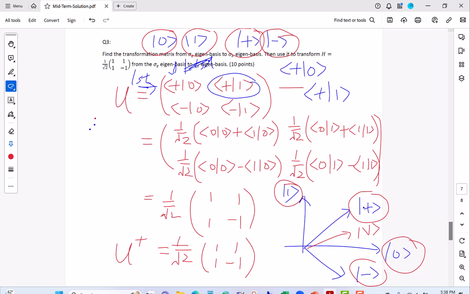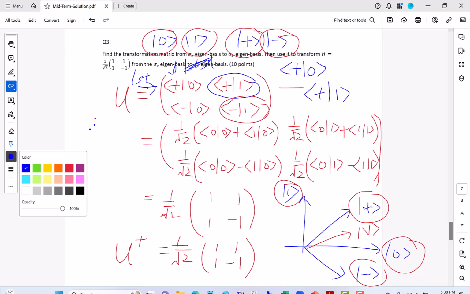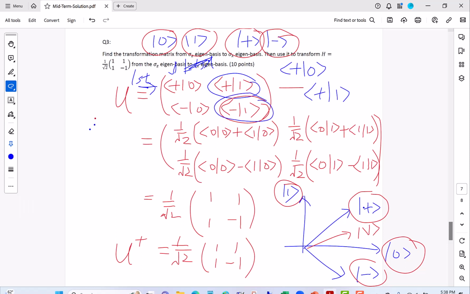So for example, this one is the second row, second column, right? So you take the second basis vector of the new one, which is minus, inner product with the second vector of the old one, which is 1.